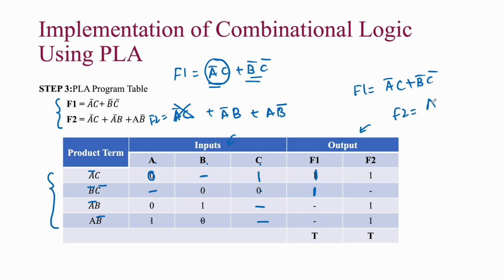It carries A bar C plus A bar B plus A B bar. So, A B bar we are marking with 1. So, this is the programming table for the output. In both the conditions we are just implementing in its direct form. Therefore, it is true, so we are marking it with T and T.